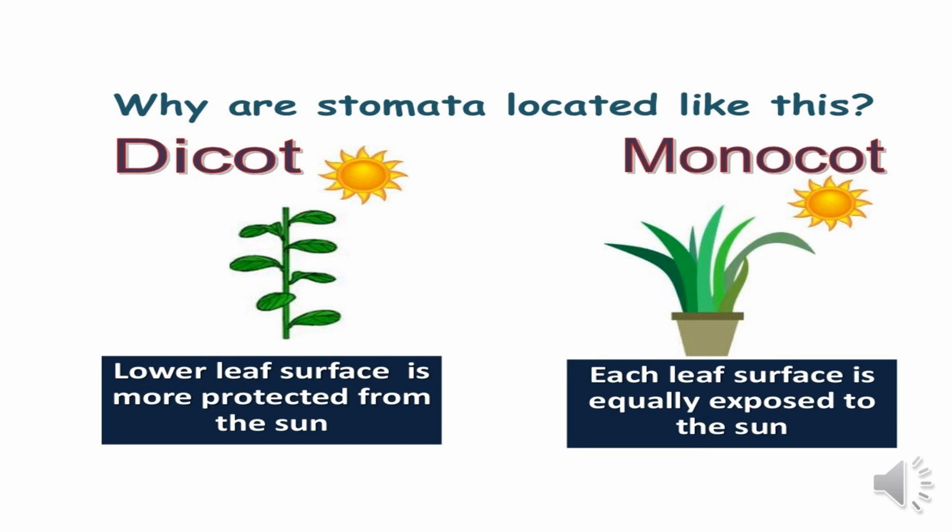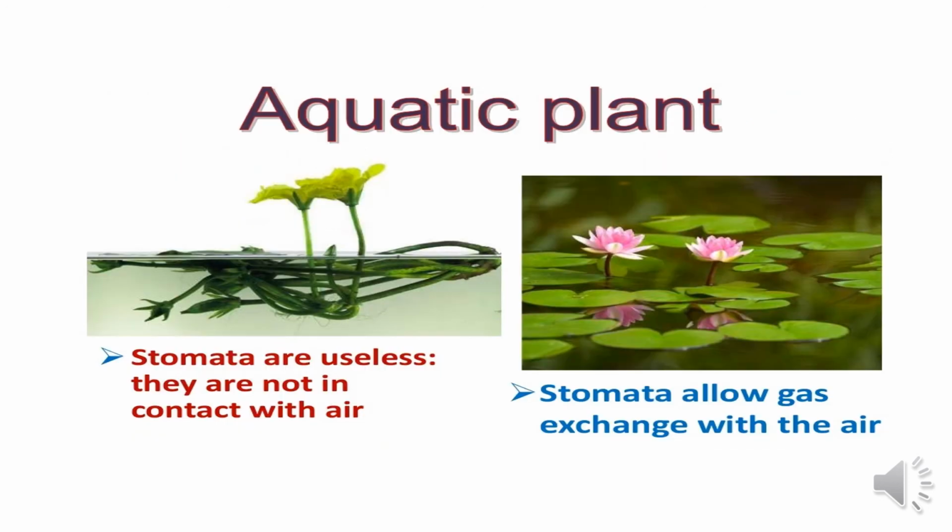That is why in the monocot, all the surfaces of the leaf have an equal number of stomata, while in the dicot, the leaves are arranged in such a manner that the upper surface of the leaf is more exposed to the sunlight. That is why the stomata are present in the lower epidermis in the maximum.